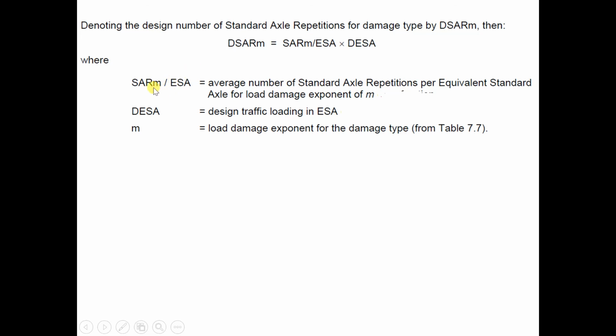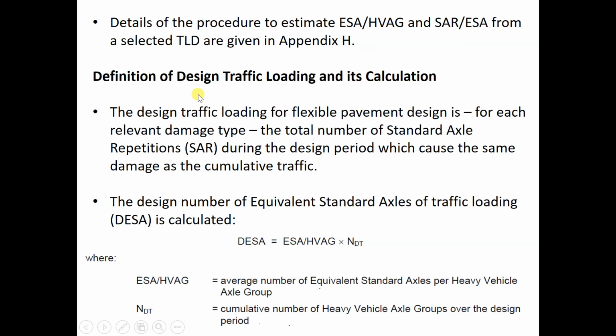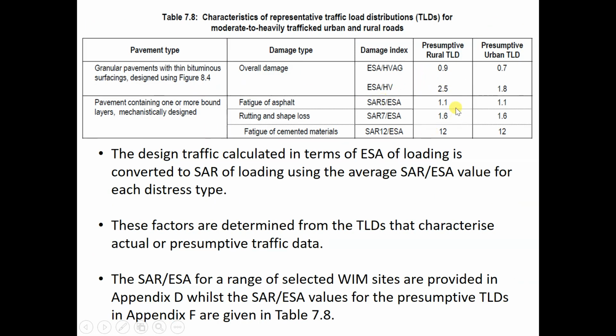M is the load damage exponent for the damage type: 5 for the asphalt, 7 for the subgrade, and 12 for the cemented materials. Like SAR5 divided by ESA, SAR7 divided by ESA, SAR12 divided by ESA. So these are the conversion factors.